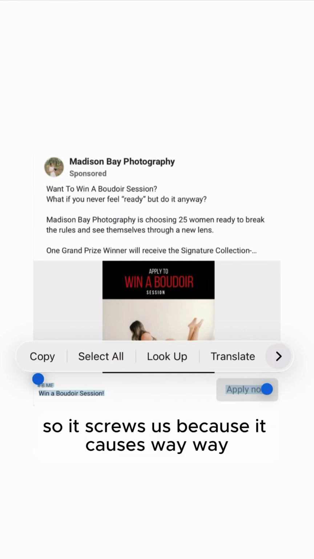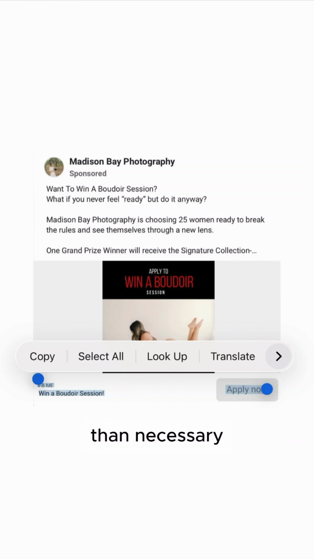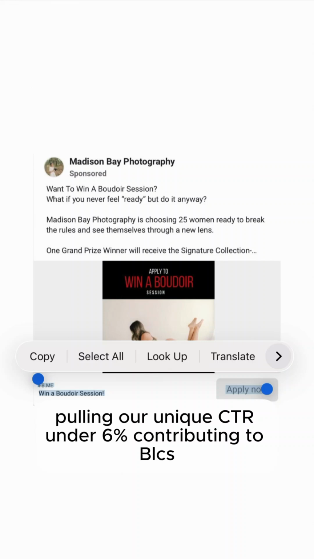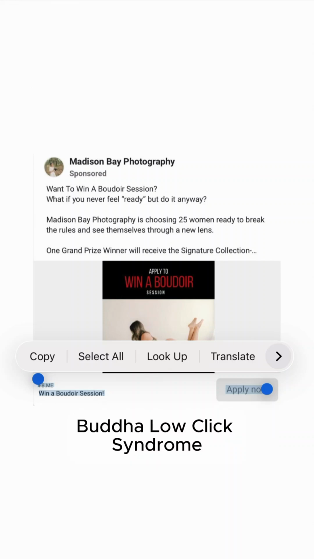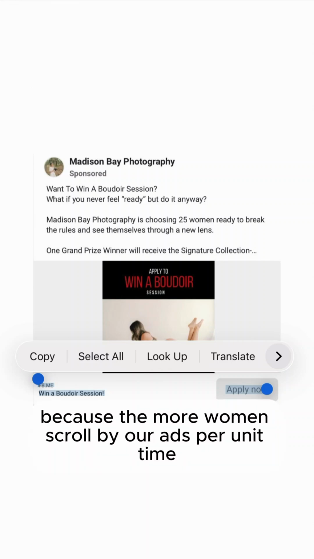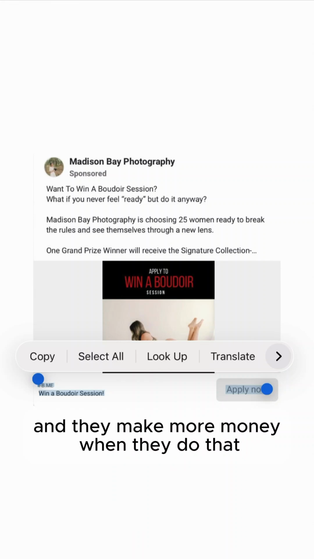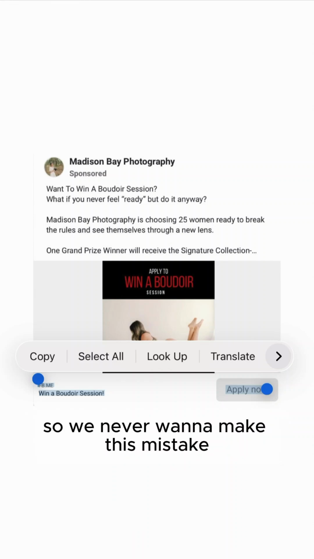So it screws us because it causes way, way, way more women to scroll by our Boudoir Facebook ads than necessary, pulling our unique CTRL under 6%, contributing to BLCS, Boudoir low click syndrome. And Facebook on the back end gets richer because the more women scroll by our ads per unit time, the more ads Facebook can serve per unit time, and they make more money when they do that. So we never want to make this mistake.